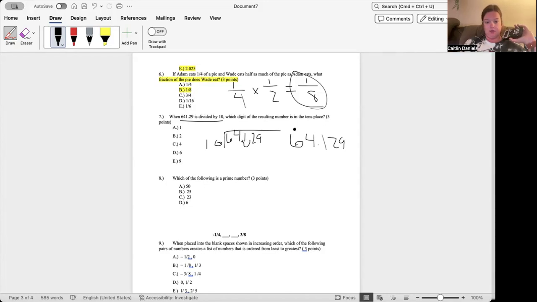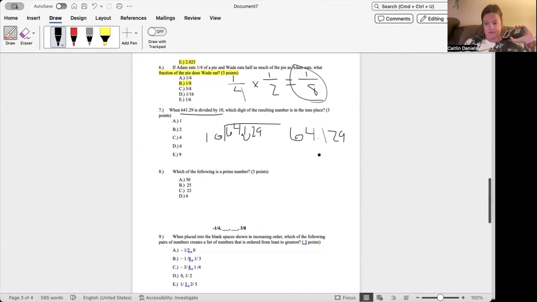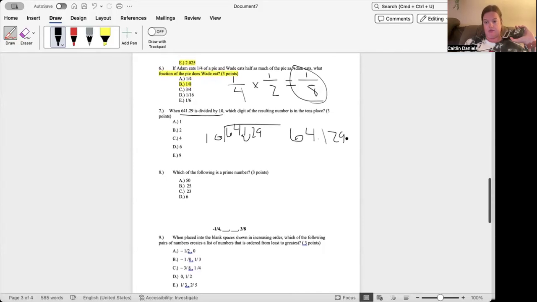And when 641.29 is divided by 10, which digit of the resulting number is in the tens place? So in the tens place, we have tens, hundreds, thousands, I believe is right.